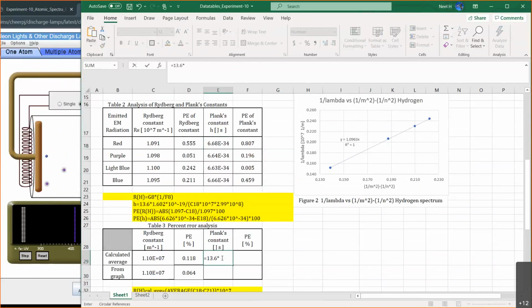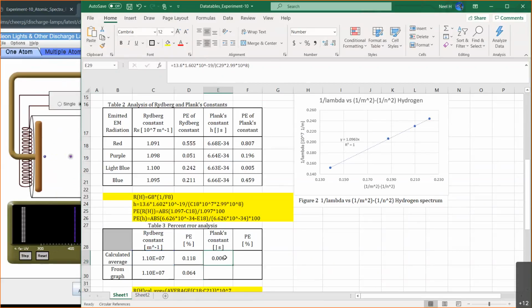So you have to multiply that number by 1.602 times 10 to the power negative 19 to get the joule, divide by parentheses Rydberg constant calculated times 2.99 times 10 to the power positive 8 for the light speed.